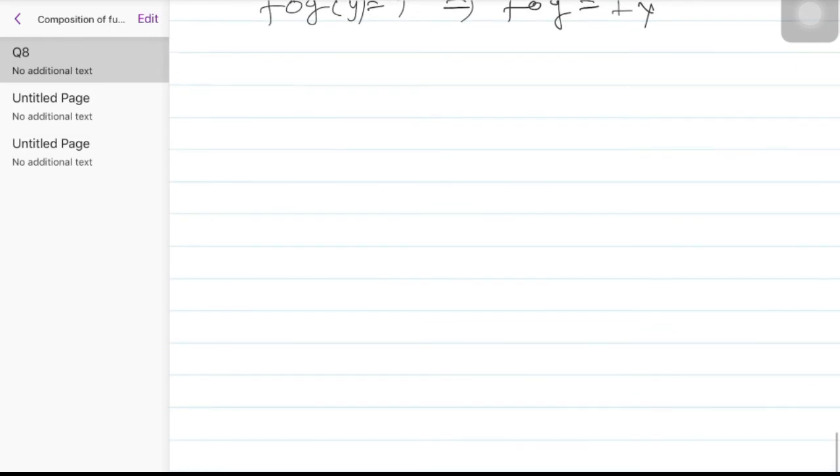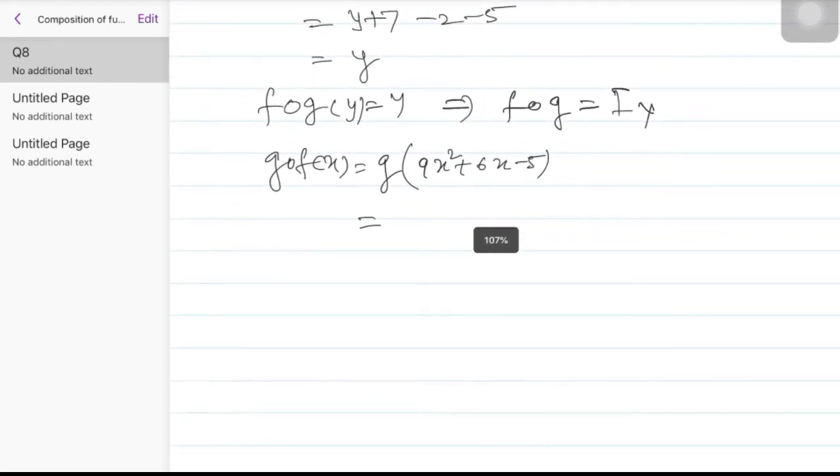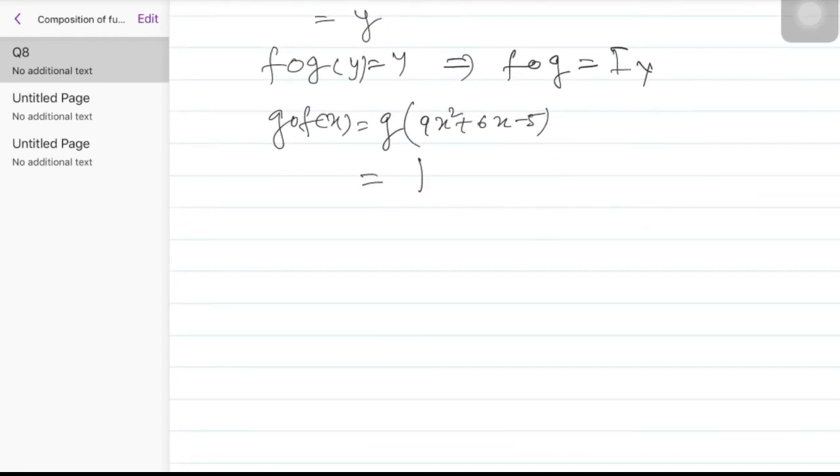Now let us calculate g o f of x. What is the definition of f(x)? It is 9x square plus 6x minus 5. Now what is the definition of g? It is the square root of y plus 6, minus 1, divided by 3.